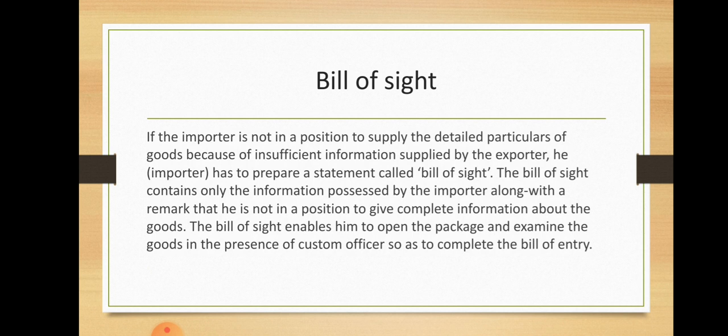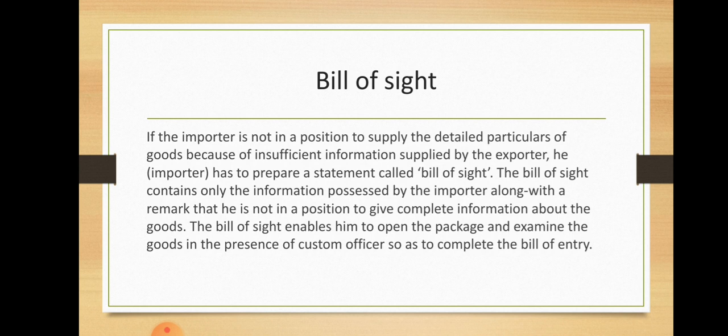The person does not have proper knowledge of what things have to be taken. So he will state the facts in the bill of sight. At that moment only he will make it, for this thing he has received.